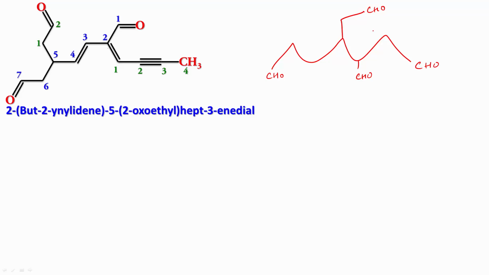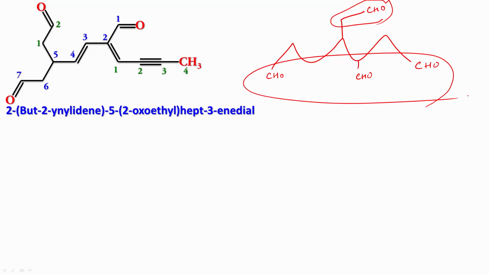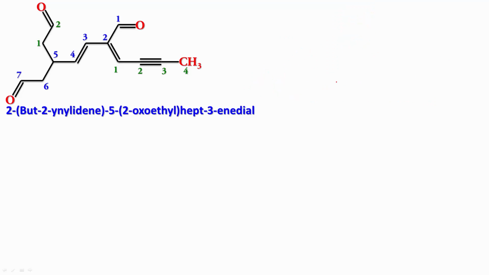Then what you do, this is named as oxoethyl or oxoalkyl, and these will be tricarbaldehyde. Which means in the parent alkane you don't use these carbons. The numbering will have to start like this and progress, not including these carbon atoms.